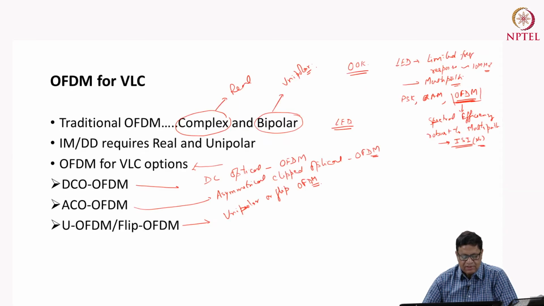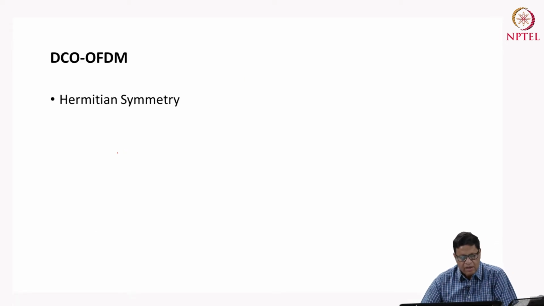So now let us start discussing the first part, DCO-OFDM. For making an OFDM signal which is bipolar and complex, I need to invoke Hermitian symmetry to make it real.